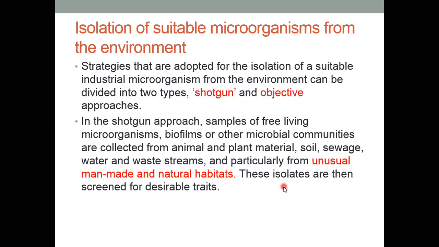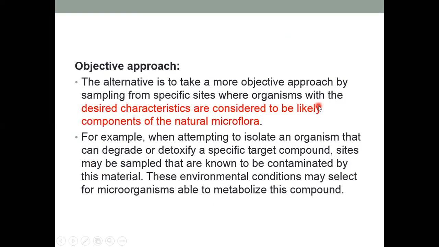You have no objective laid out, whether you want a bacteria that is producing an antibiotic, because finding the antibiotic producing bacteria is an objective. But in the shotgun approach, you do not have that objective, and you would randomly select samples from the environment, and then isolate and screen them for any kind of trait. What happens in the objective approach? For the objective approach, you define the sampling site.